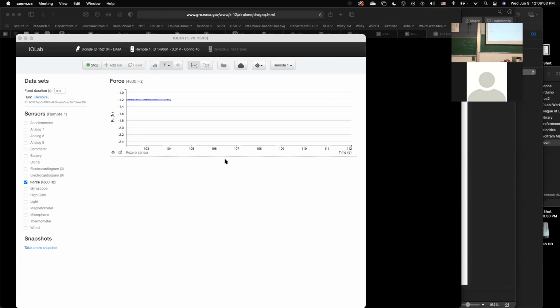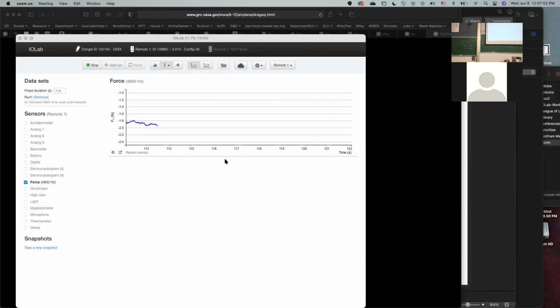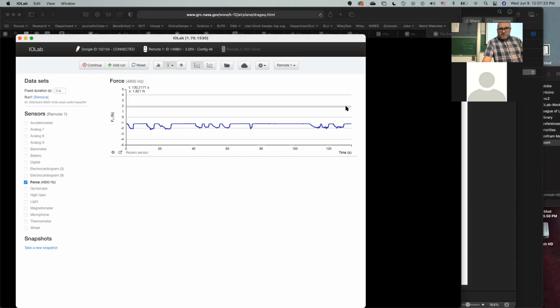So I've added some weight here, and I'm going to start pushing on the force sensor a little bit. So this thing starts to move. And so as I keep applying force, all right. So let's zoom in on the data.